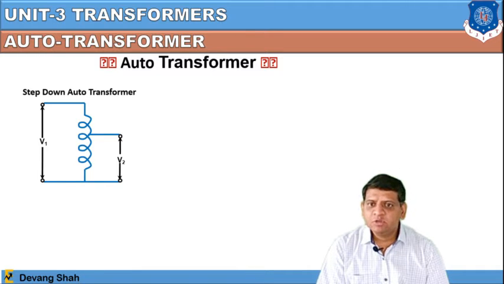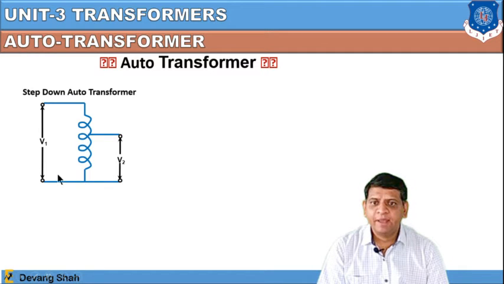That means this operation is defined as a step down, where you can see only one winding is employed here. In this one winding, the number of turns of the primary winding is greater than the number of turns of the secondary winding.